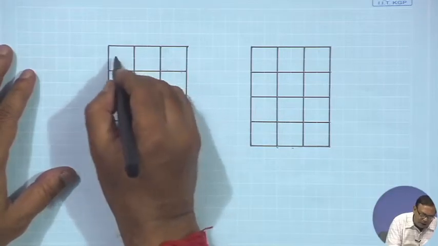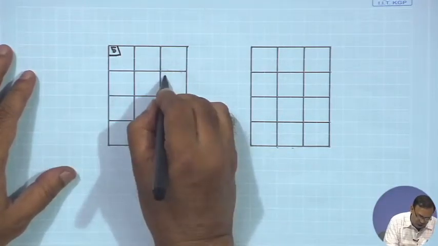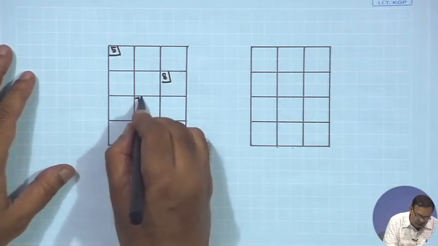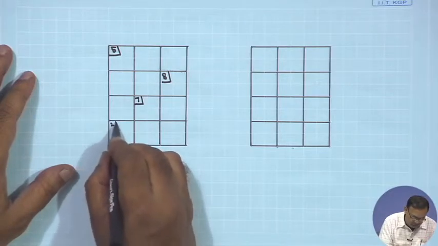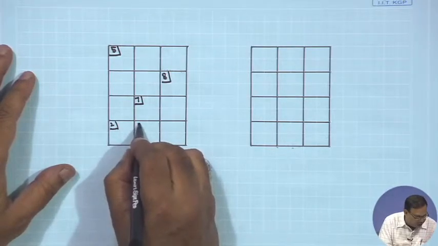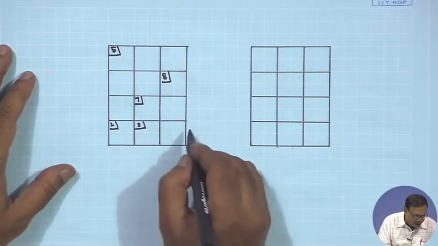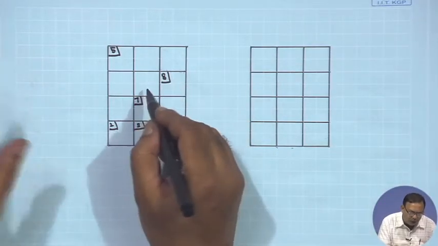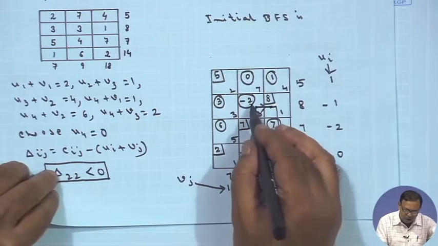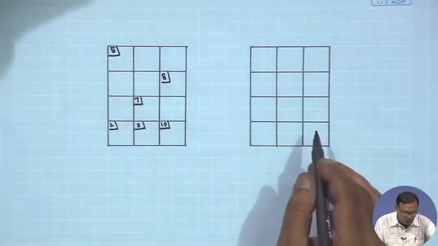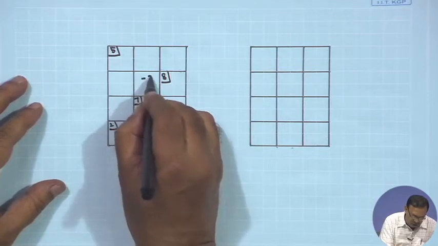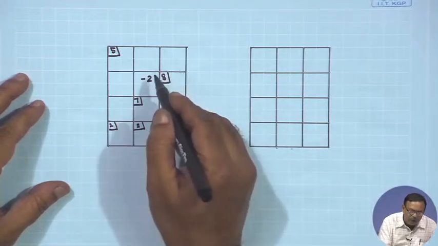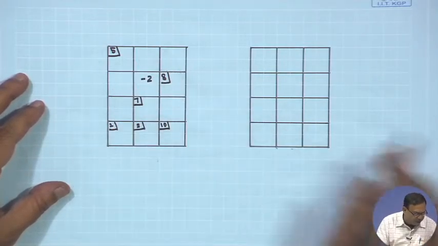the occupancies. These are the occupied cells: your 7 is here and 2, here it is 2 and here it is 10. And you got minus 2 at this particular point. Let me write down the 0 values also.